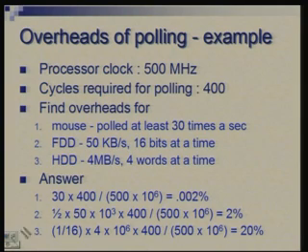So, 30 times 400 is the number of cycles consumed in polling every second, right, and the CPU is running, let us say, 500 cycles in 1 microsecond, or 500 million cycles per second.